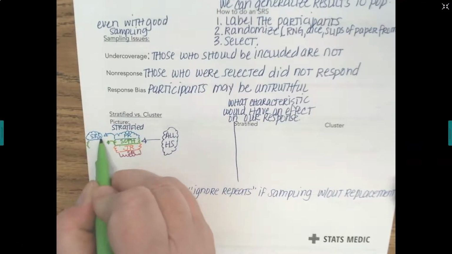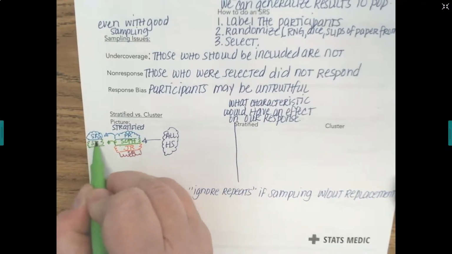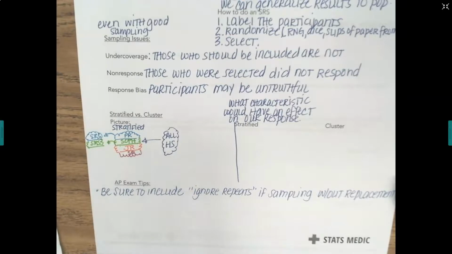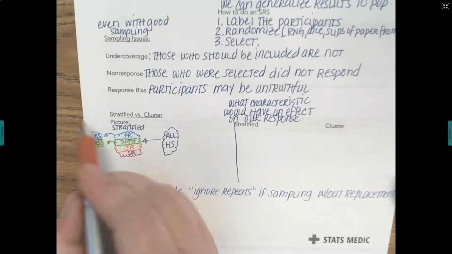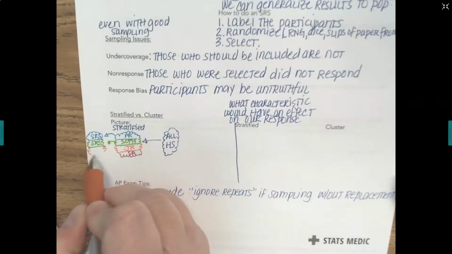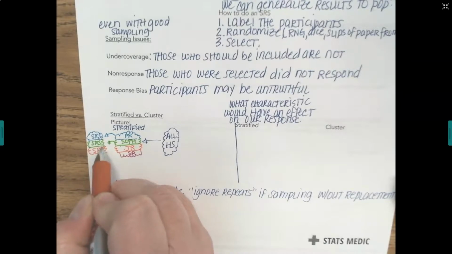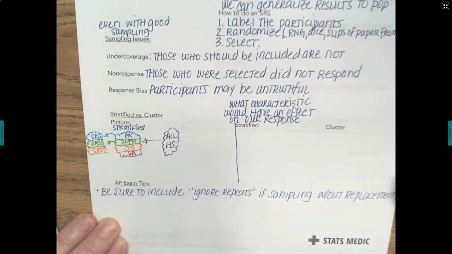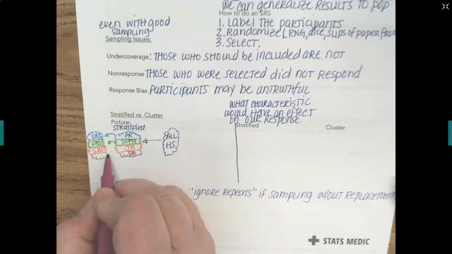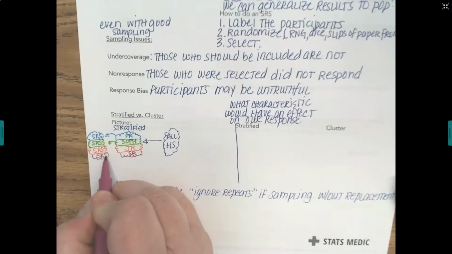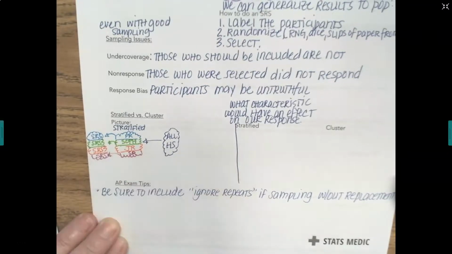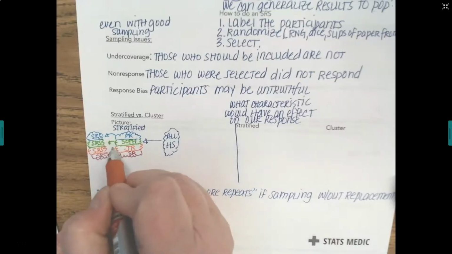So within that group, I'm going to take an SRS. And then my juniors, I'm going to take an SRS from just the juniors. And then finally our seniors, we'll take an SRS from them also. That way I've got all the groups represented.